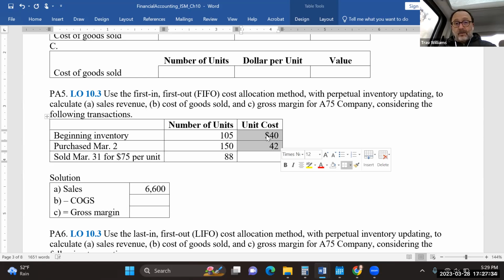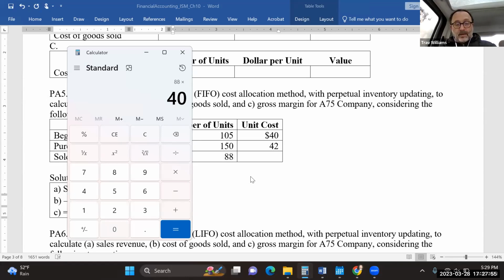Since it's FIFO, the first in is the first out. So we would use the cost from the first lot, right? So when we sell these 88 units, it would be at $40 each. So $3,520 would be our cost of goods sold.